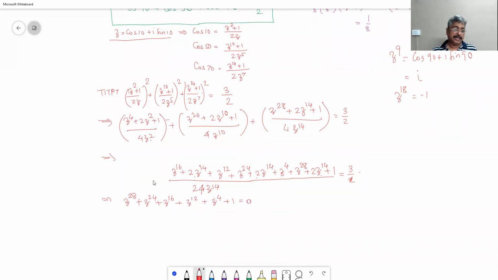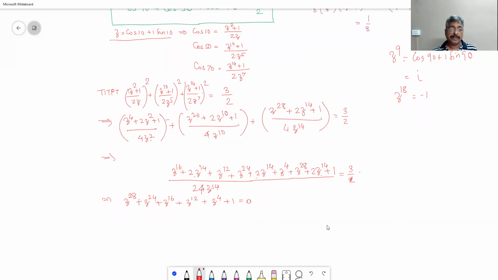Z raised to 18, so z raised to 10 minus z raised to 10 and minus z raised to 10, and out of that z raised to 9 is i, so minus i z. Shall we introduce i, or is it going to trouble us? We will not get into imaginary business.